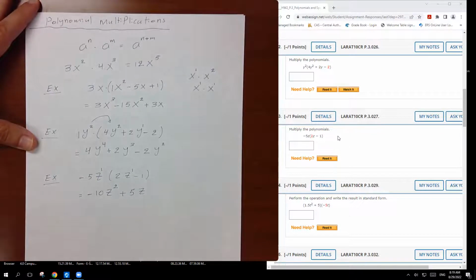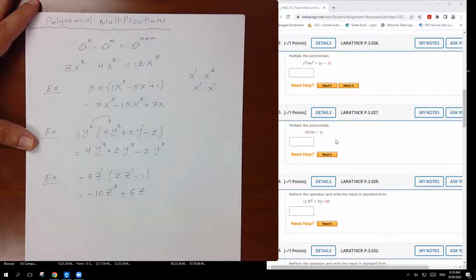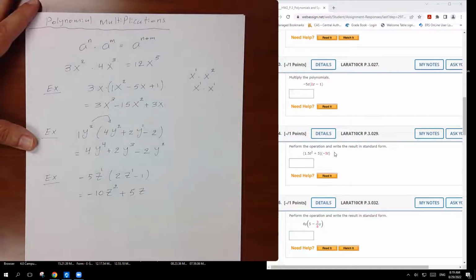Let's multiply another one. Exactly the same thing. Don't confuse yourself if you have it like this part.